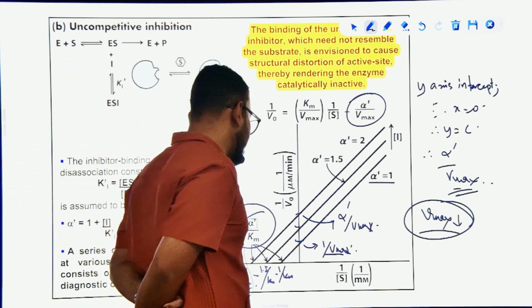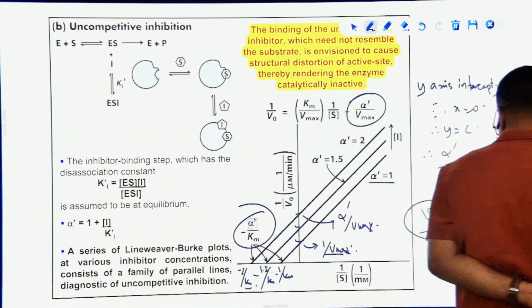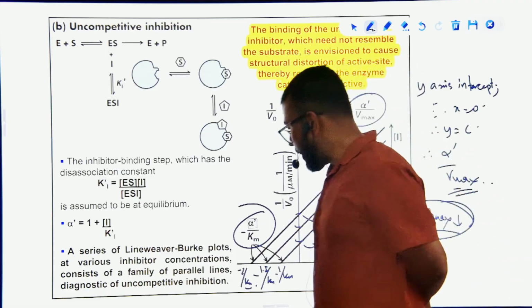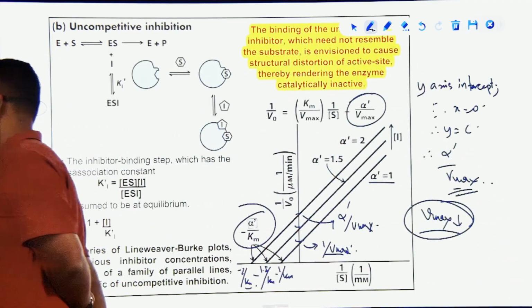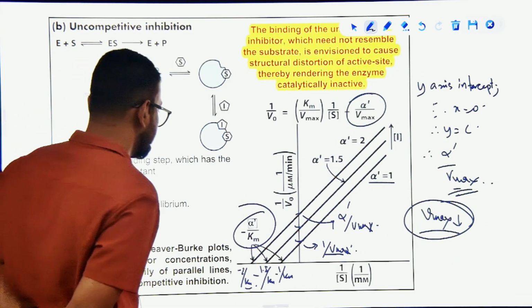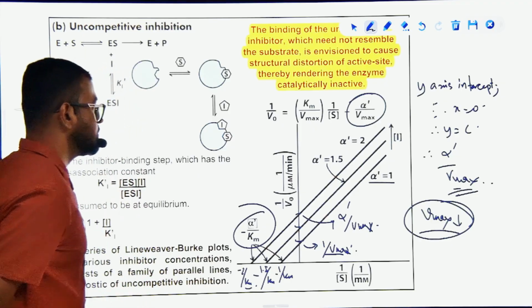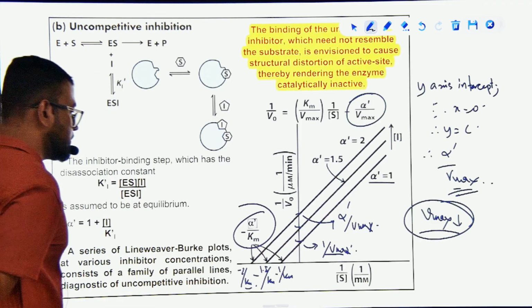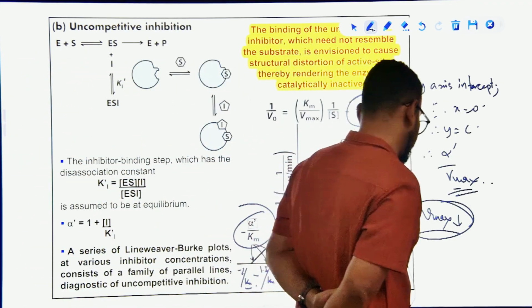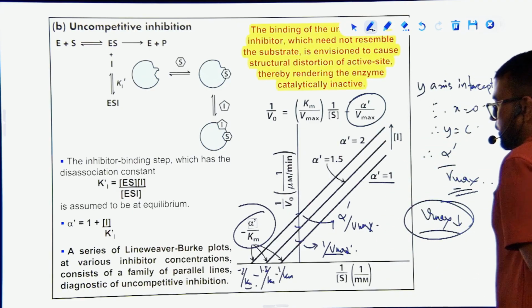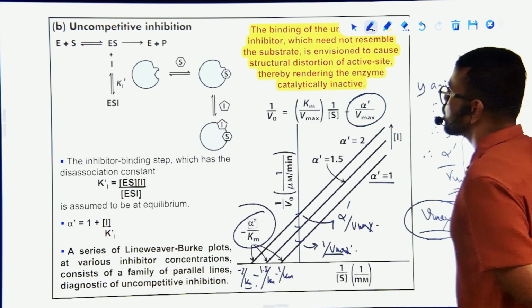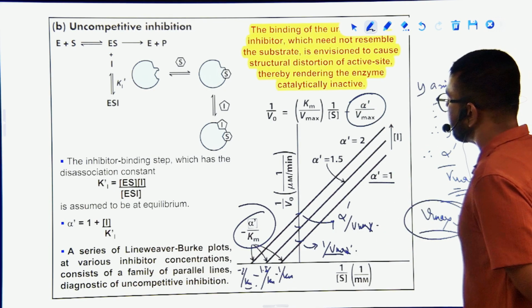So Vmax is decreasing and minus 1 by Km is also decreasing in both the cases. So this is the overall approach when it comes to uncompetitive inhibition.